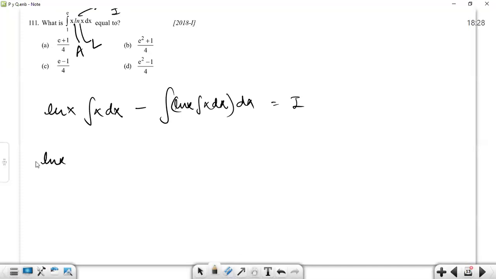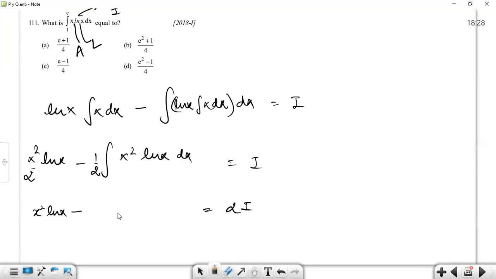So ln x, integration of x would be x squared by 2, divided by x squared into ln x into dx, and let's bring the half. So this has become x squared ln x minus 2 of I, integration of x squared into ln x dx.